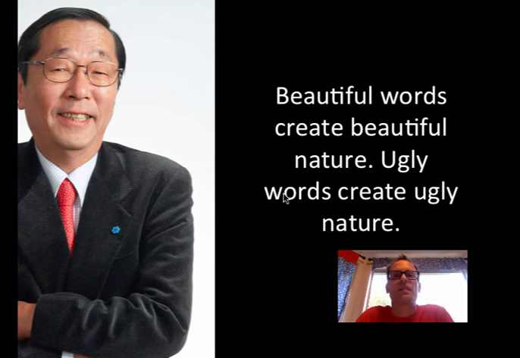There's a famous Japanese figure. He's not alive anymore, but he made this sort of miraculous claim that words affect matter and affect nature. So he claims, this is a quote from one of his writings, beautiful words create beautiful nature, ugly words create ugly nature.